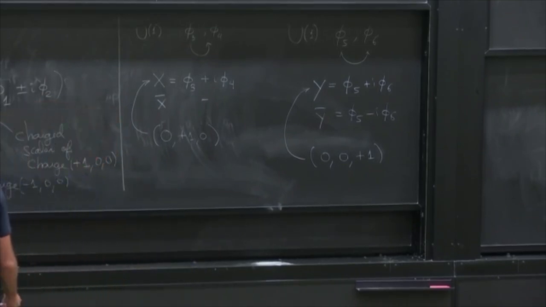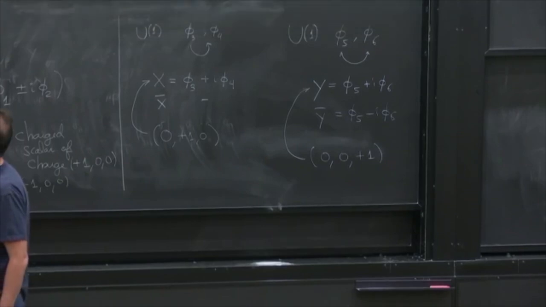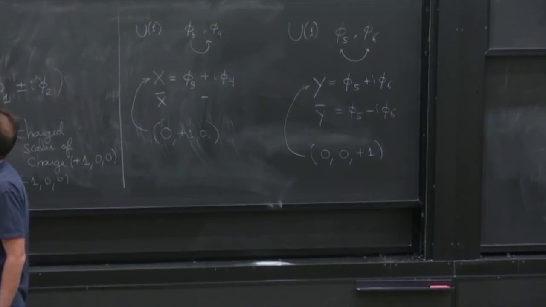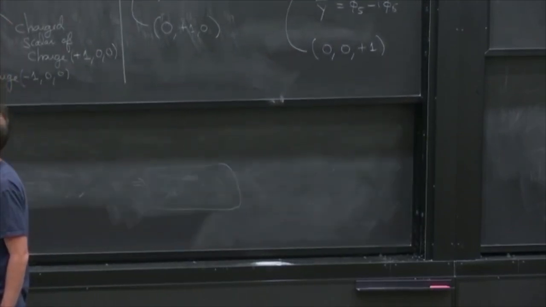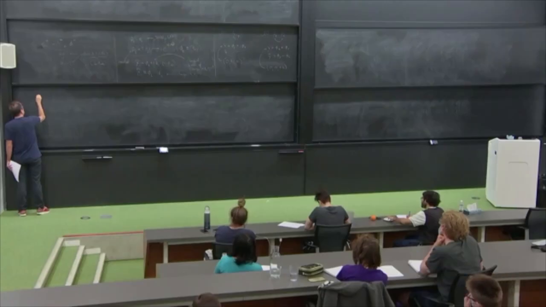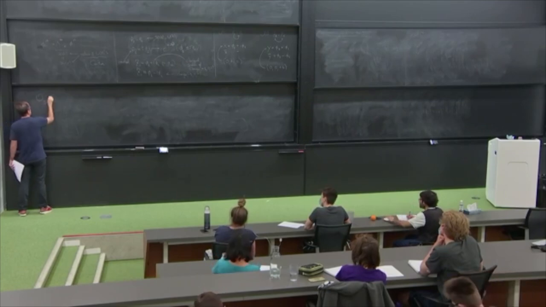And so now that we define some charge, we can define operators that have n units of charge. So now we define the operator O with j units of charge at some point x.